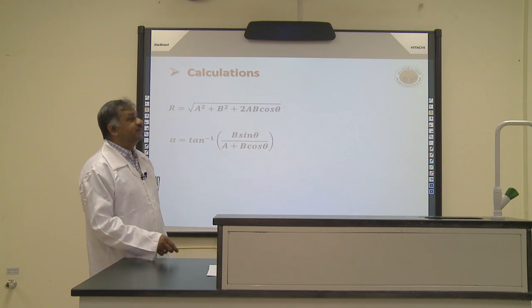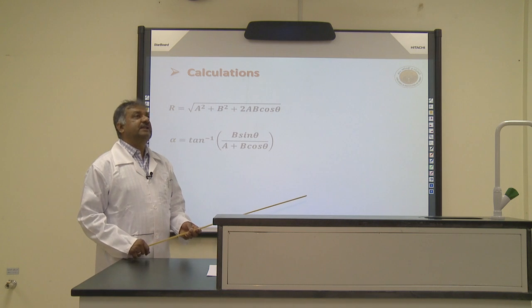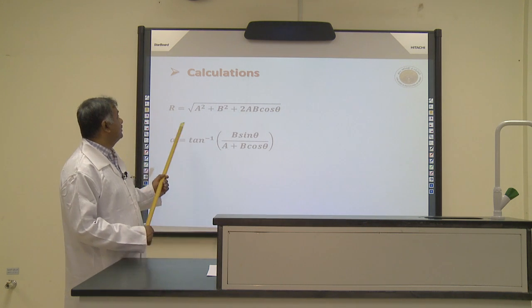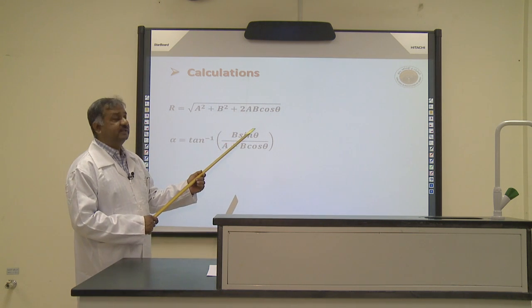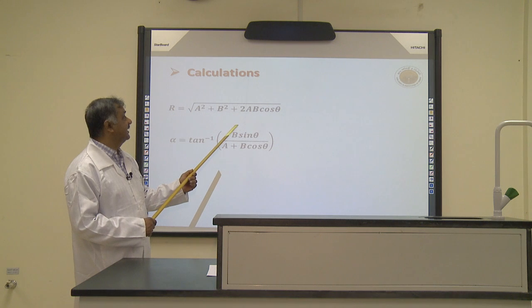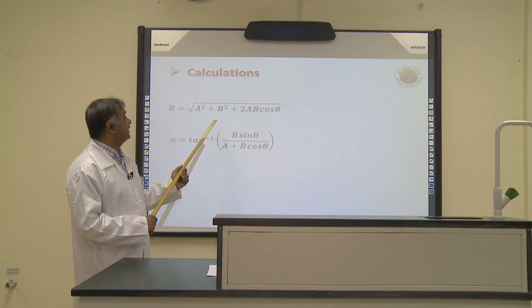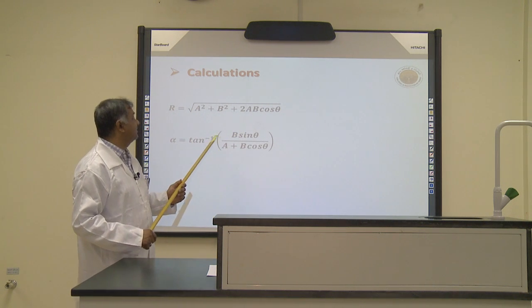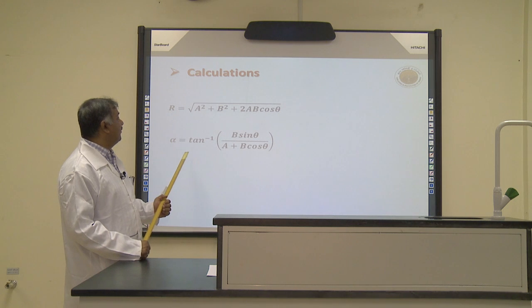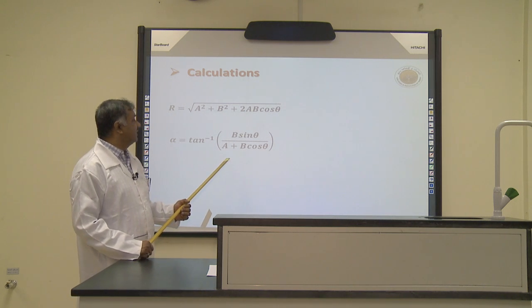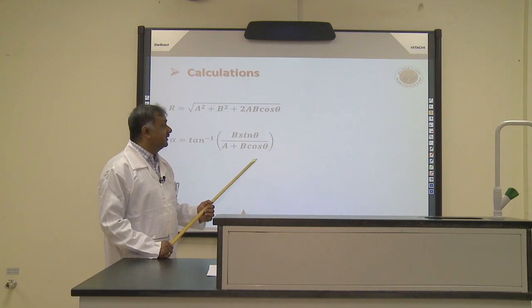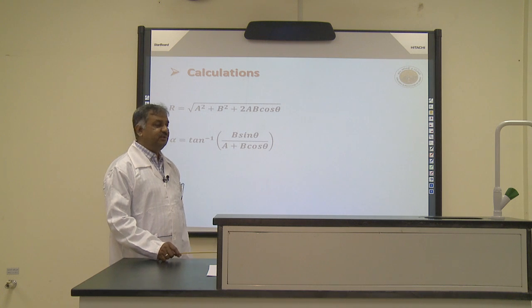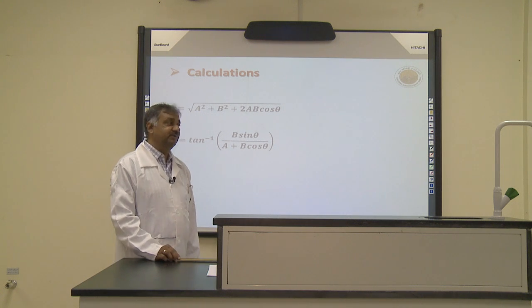As I mentioned to you, in the theoretical part you have to use these 2 formulas. This is for the magnitude of the resultant vector, square root of a square plus b square plus 2ab cosine theta, and for alpha, tangent inverse of b sine theta over a plus b cosine theta. So, this you will use in the calculation.